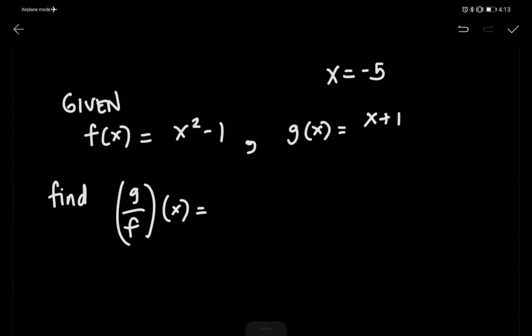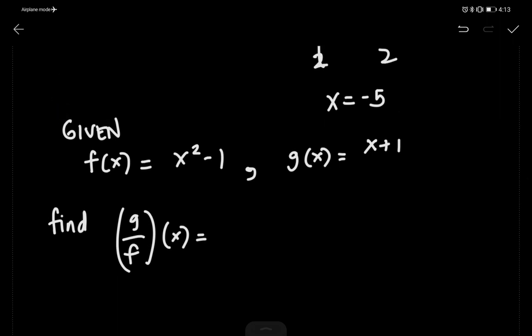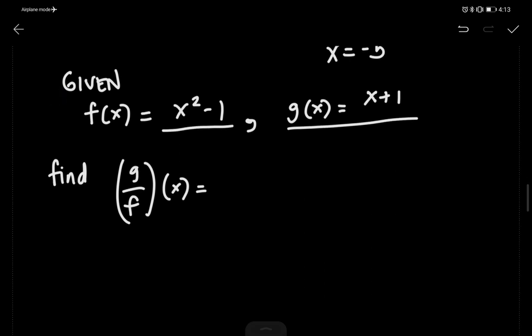Okay, so let us have here another example. We have here given a function f of x, which is x squared minus 1, and g of x, which is in the form of x plus 1. Then here, find the value of g of x over f of x.